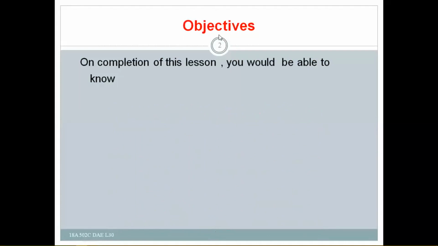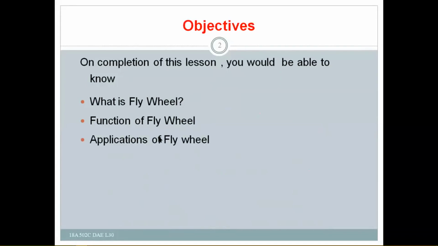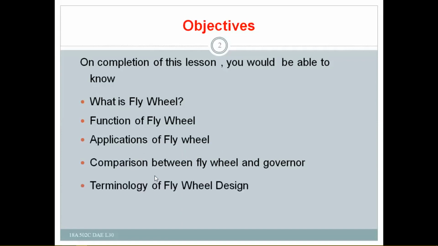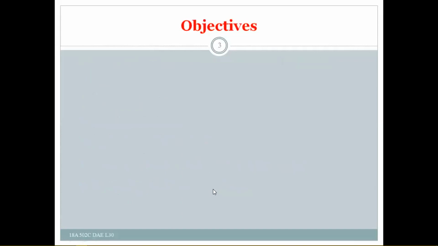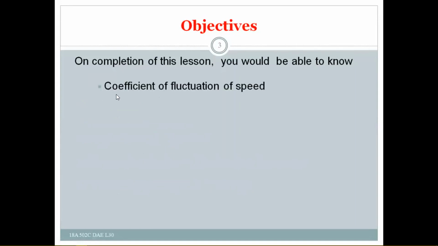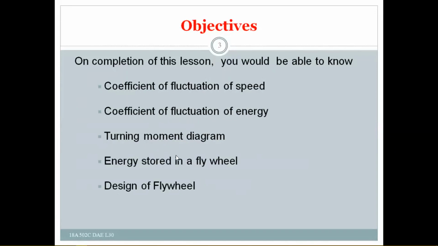The objectives of this lesson: on completion of this lesson, you will be able to know what a flywheel is, the function of a flywheel, applications of a flywheel, and comparison between flywheel and governor, terminology of flywheel design, coefficient of fluctuation of speed, coefficient of fluctuation of energy, turning moment diagram, energy stored in a flywheel, and design of a flywheel.